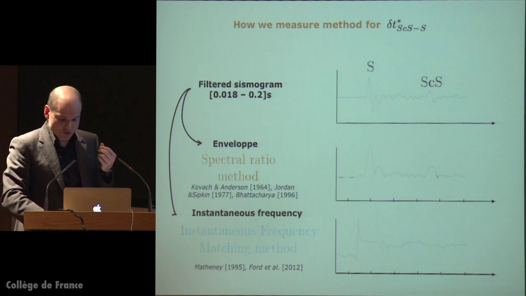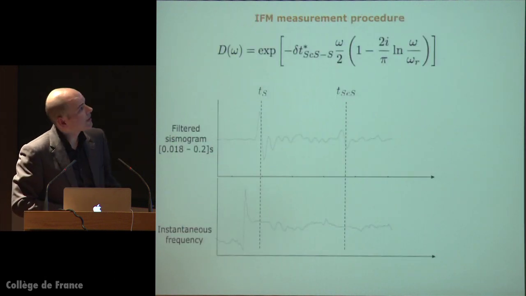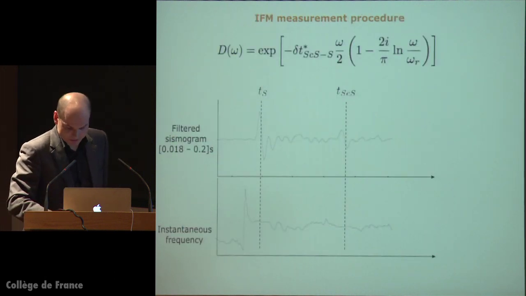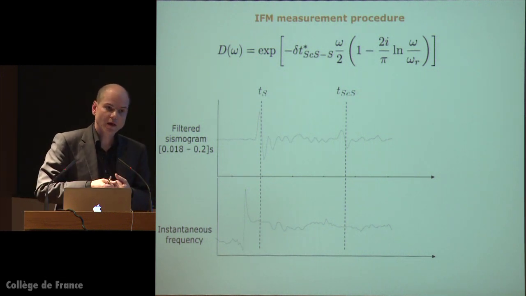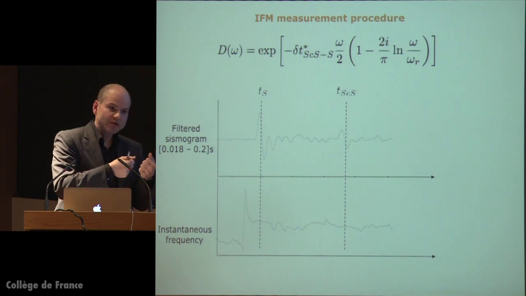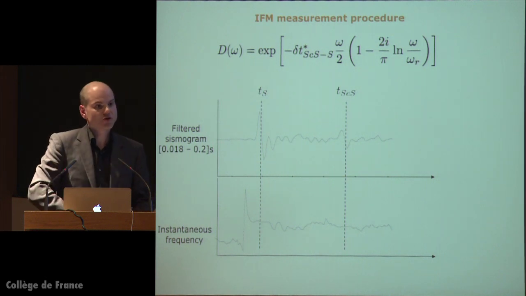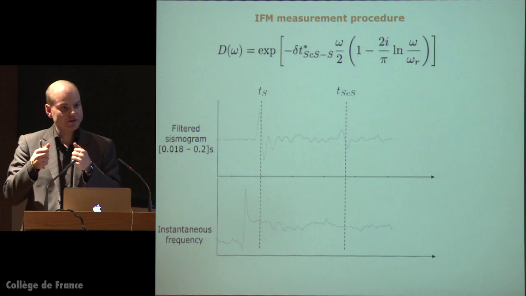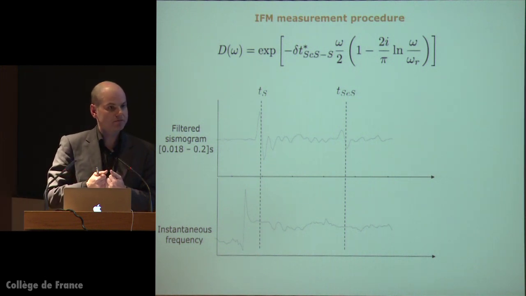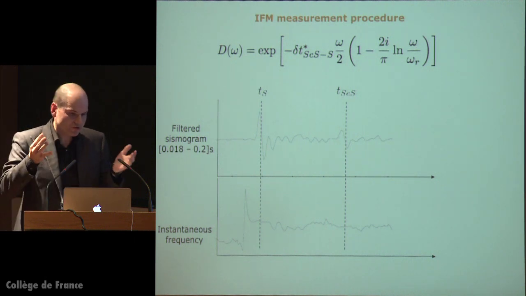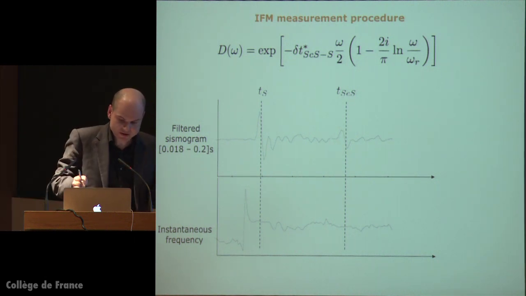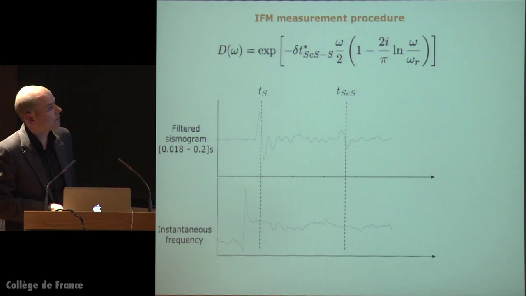And what we will use as a hypothesis is that for one event, if you compute the instantaneous frequency for S, it should be the same as the instantaneous frequency for ScS, because it's one event, and we assume that the frequency content will be the same for all the phases.